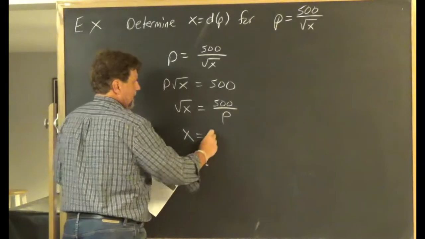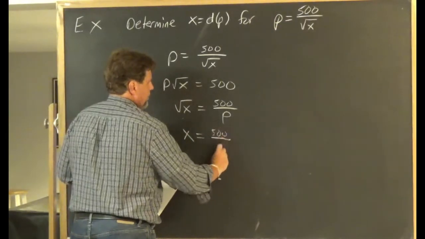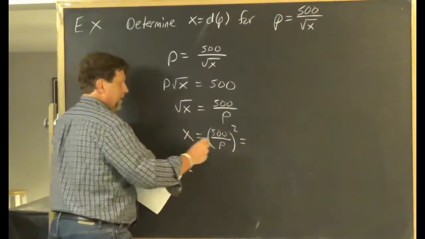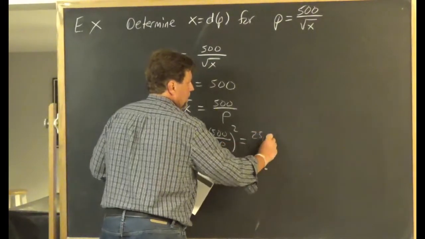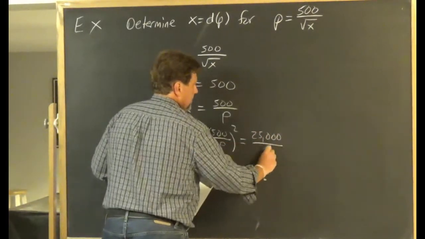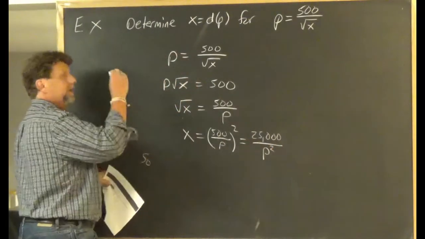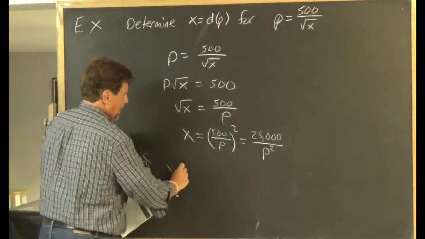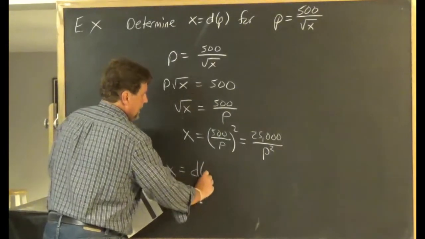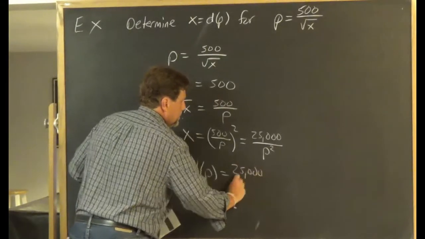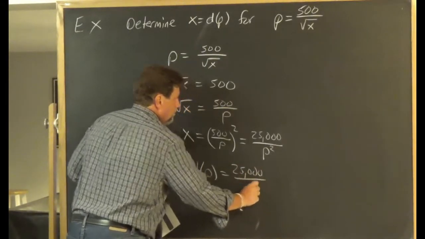So that gives me X equals 500 over P quantity squared, which 500 squared is 25,000. And then P squared is P squared. So the demand function, X equals D of P, is 25,000 over P squared.